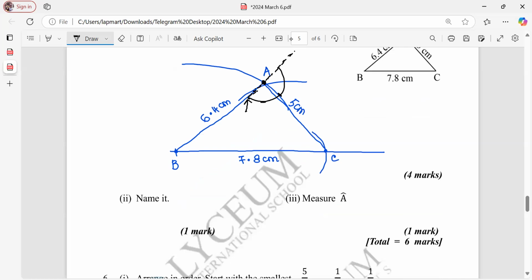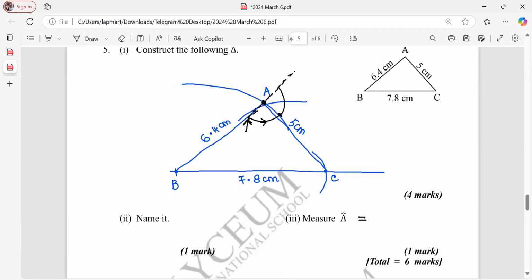From this point, you find the 0 degree and you come to this side till you meet this line, and then you remove the protractor. So then you can write here whatever angle value you get. Okay. I'll keep this image for a few seconds.